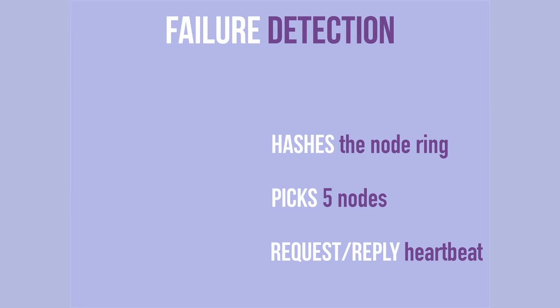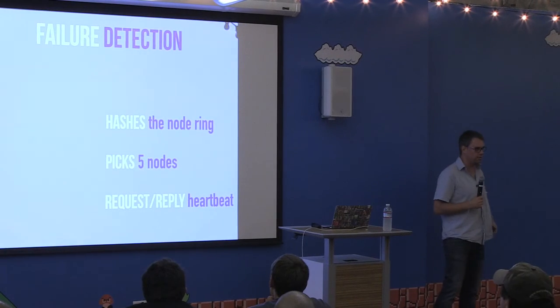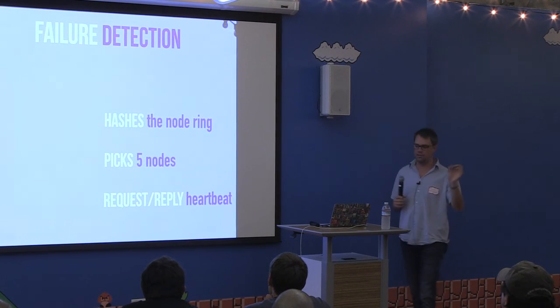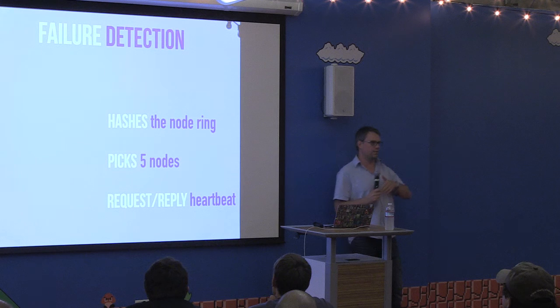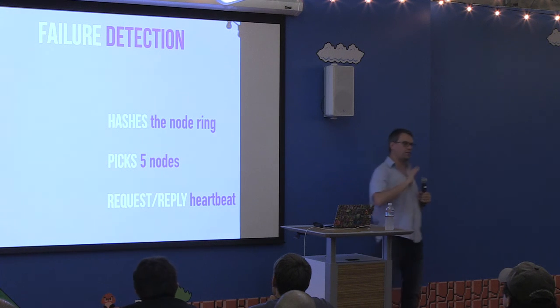Failure detection, as I said, is extremely important as well. A naive one would just heartbeat to all of the nodes. We picked a configurable value of 5, where we start heartbeating to 5 different nodes, and we do that in a conversational way.